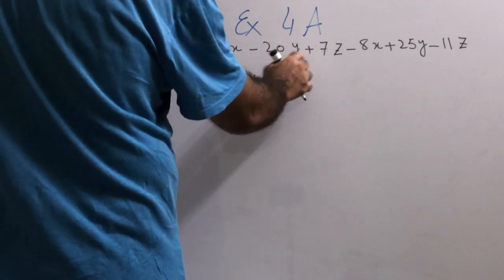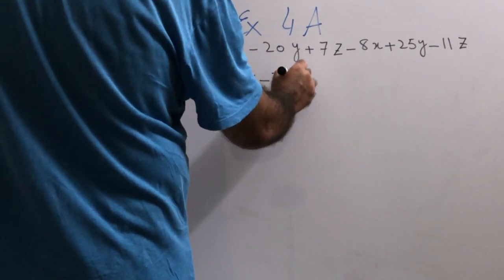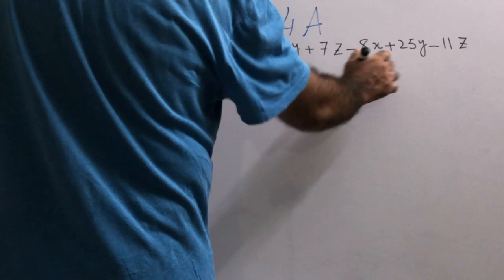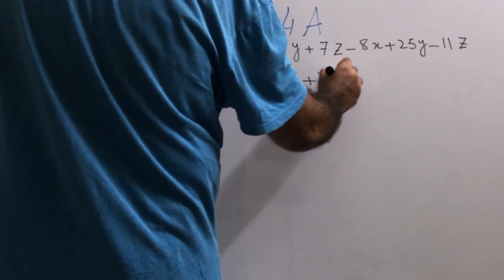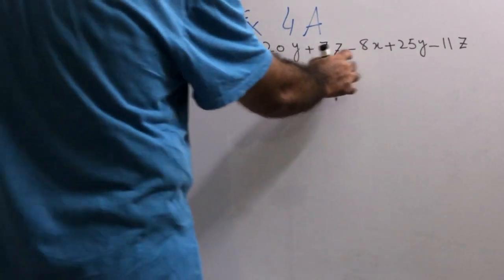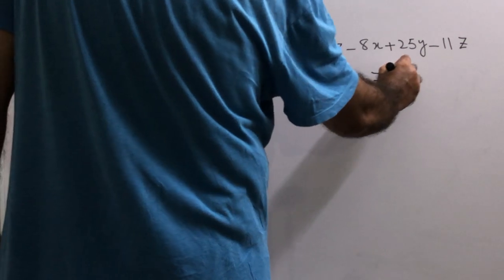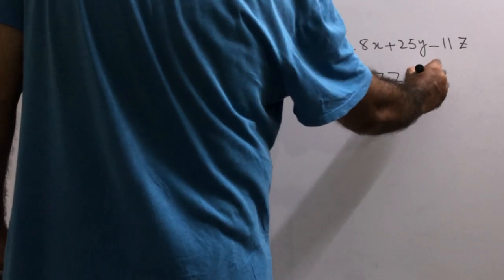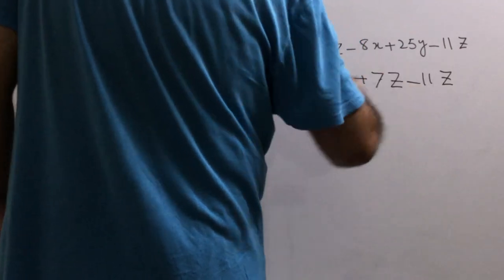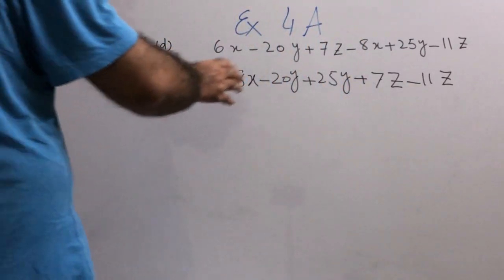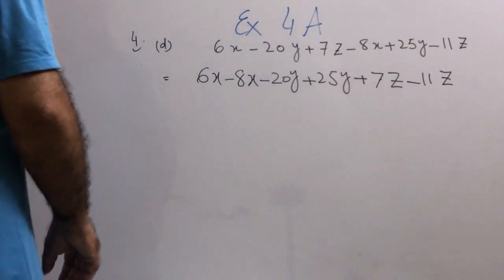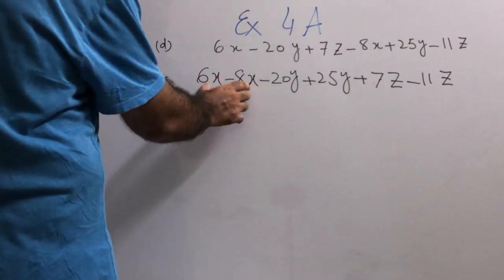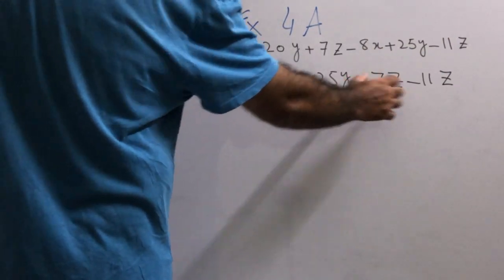Then we have minus 20y, bring closer plus 25y. Then we have plus 7z, bring closer minus 11z. In this step, we just rearranged the expression and brought closer the same terms.